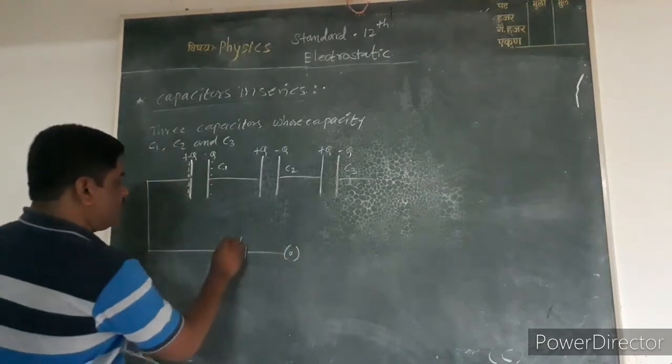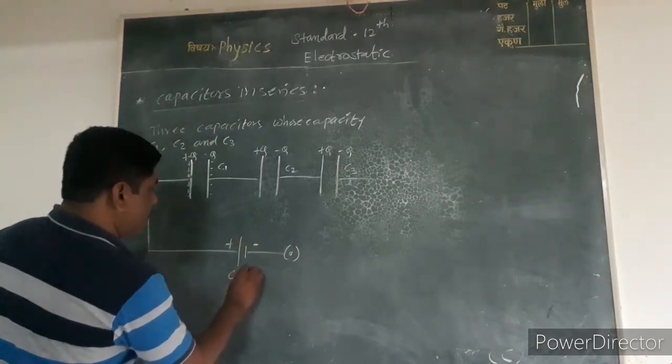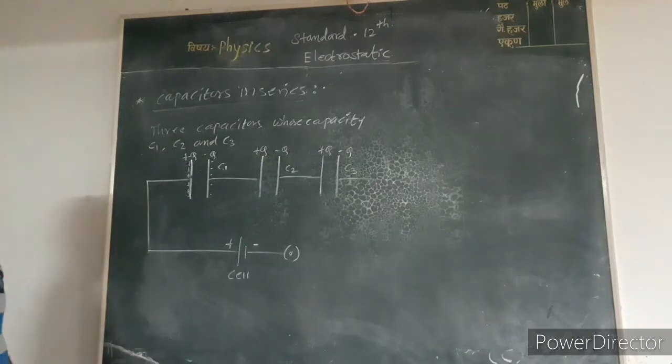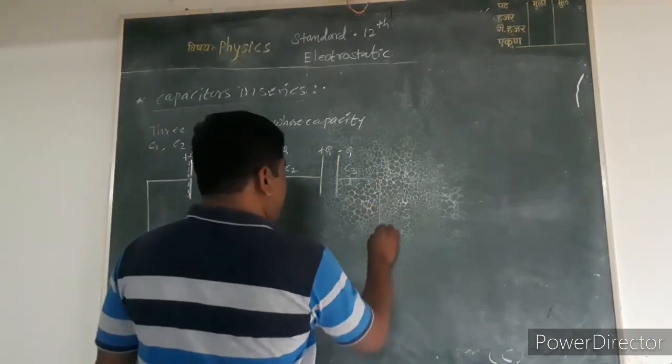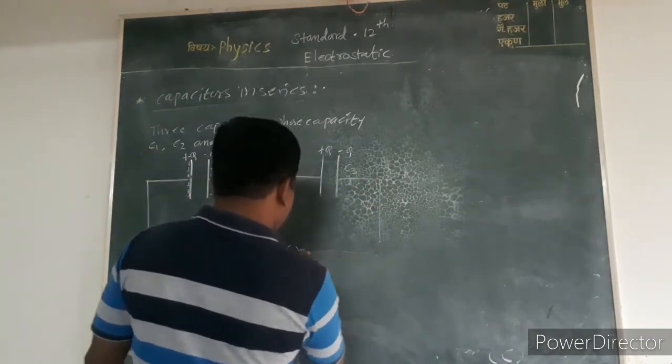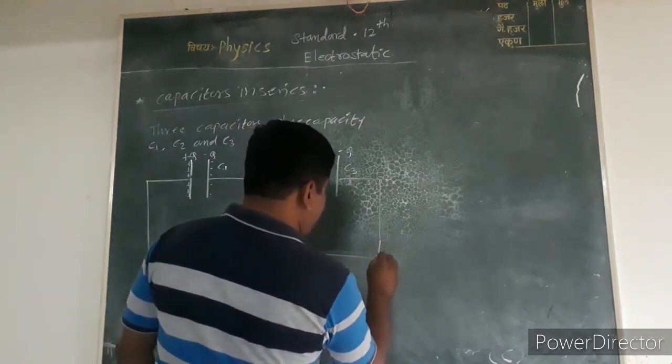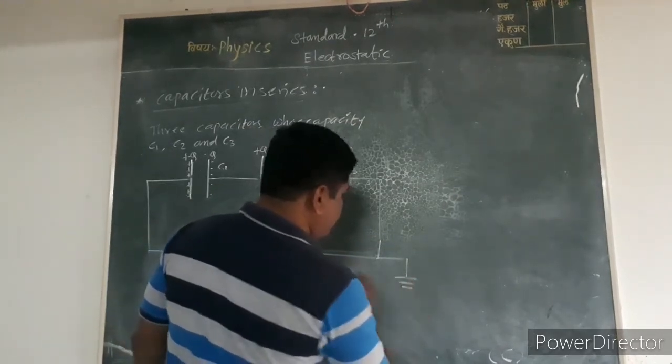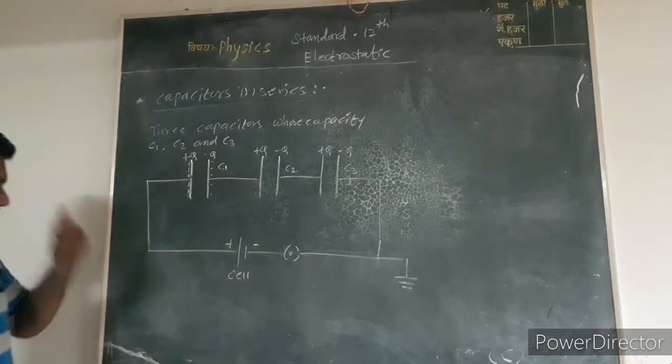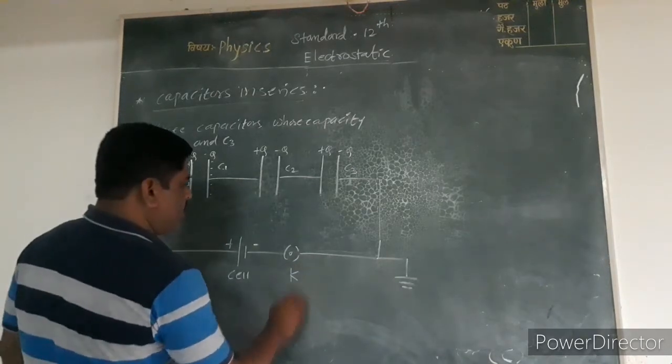And these three capacitors are connected in series across the cell or battery or any power supply. And then it is connected to a key, means plug key.